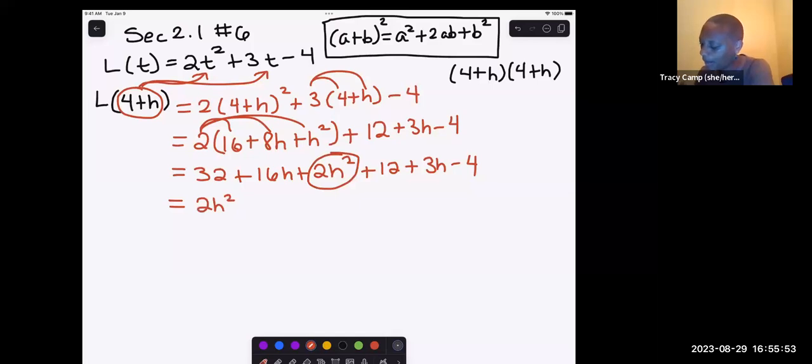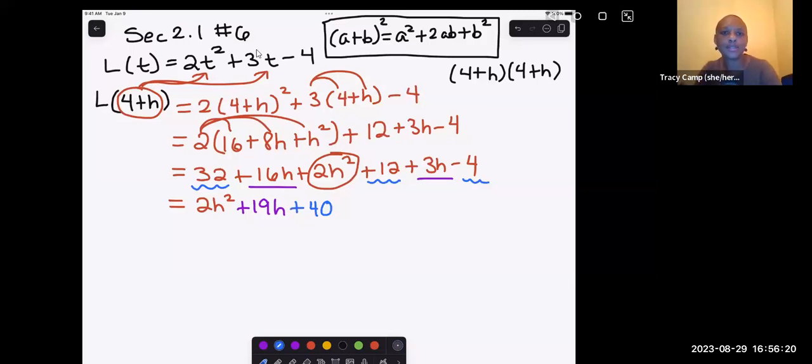But I can combine the 16h and the 3h. That gives me 19h. And I can also combine the 32 plus 12, that's 44, minus 4 is a positive 40.